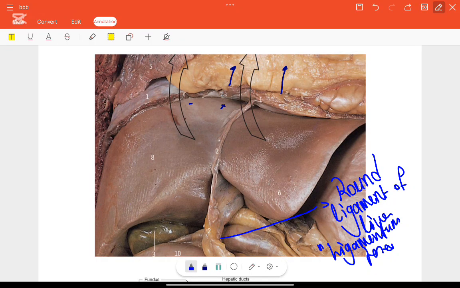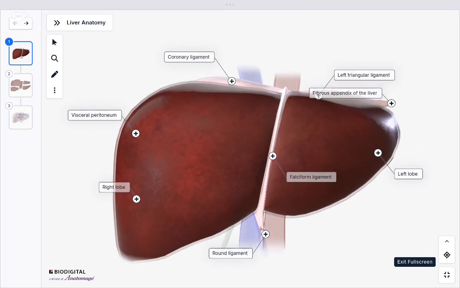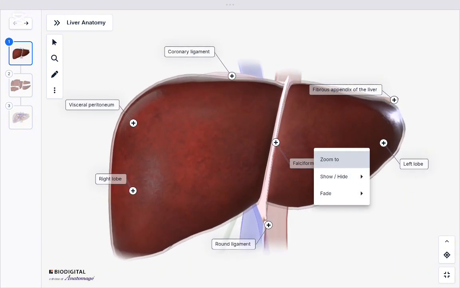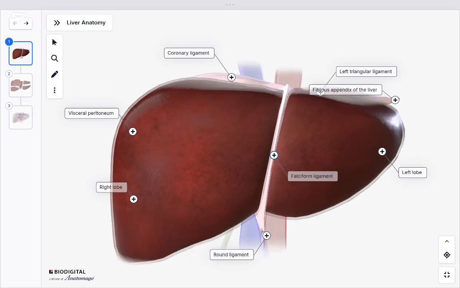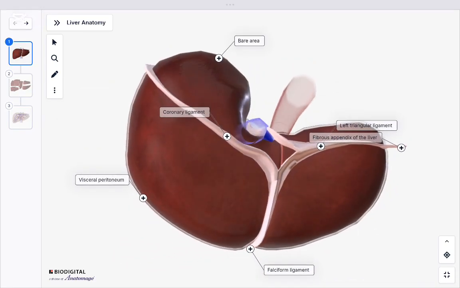Then we can move back to our 3D model and talk about the other ligaments. So that's the anterior view. We're going to zoom in a little bit to the liver, and move up. That's the falciform ligament again. We're going to move up until we see the coronary ligament on the superior surface.